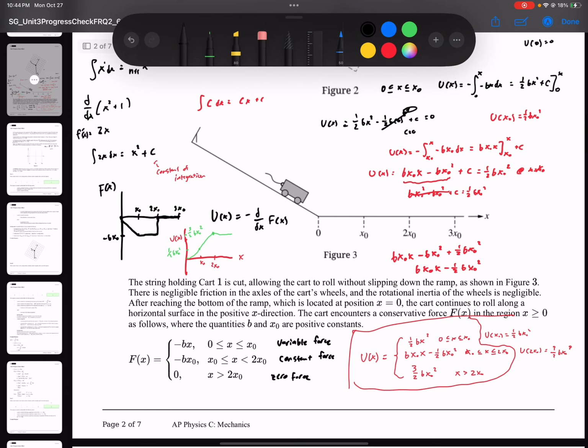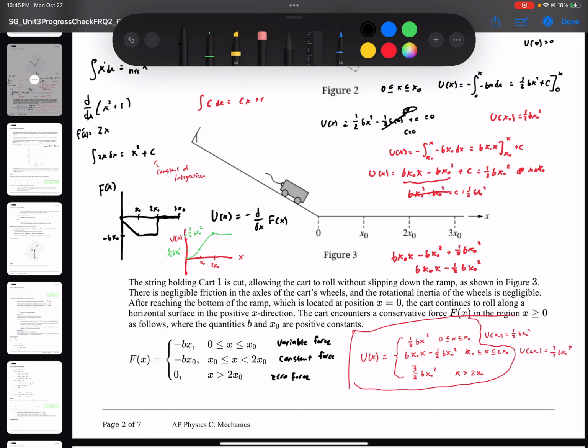If we look at this conservative force, we see it is negative, right? So potential energy is being stored by the conservative force. It's taking that potential energy from the kinetic energy of the car. The car is slowing down in this problem.